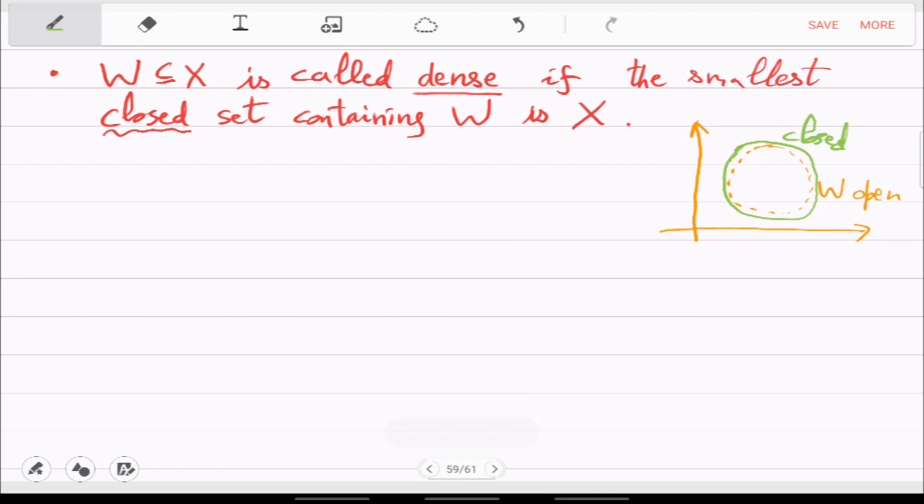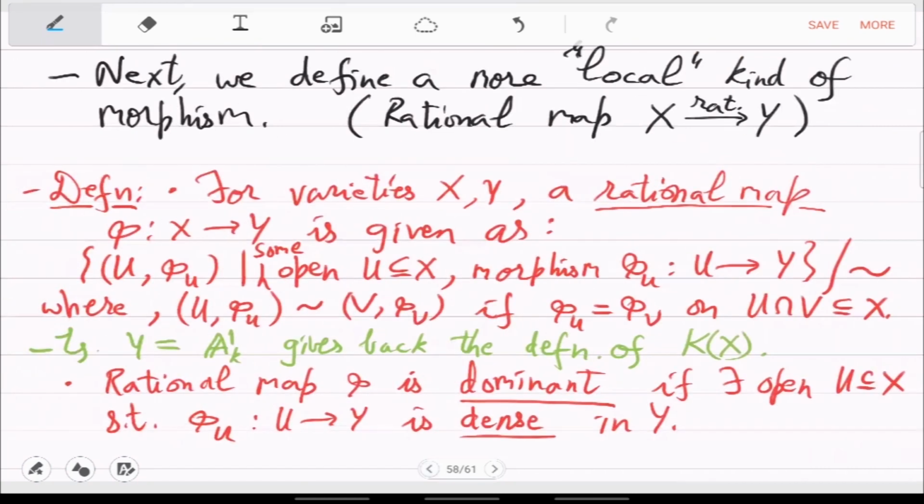Now you'll be surprised to know that that doesn't happen in our case. In the Zariski topology, if you take an open set and you close it, you get everything. Our open sets are truly large. Let's prove that. Can you show the definition of dominant? Dominant is just that the image is dense. Phi of U, yeah, it's being applied on Y, so maybe I can make it consistent.